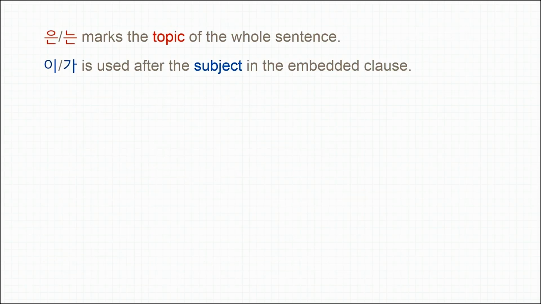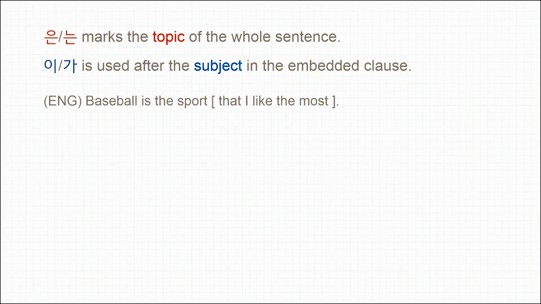Now let's move on to the last point about 는 and 이가. If your Korean is at an intermediate level, you can probably combine different clauses in a sentence. In that case, 는 marks the topic of the whole sentence, while 이가 is used after the subject in the embedded clause. For example, take the sentence, baseball is the sport that I like the most.